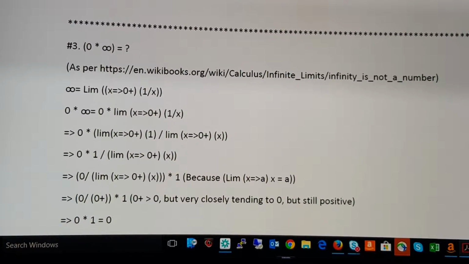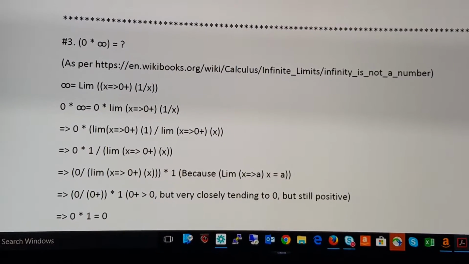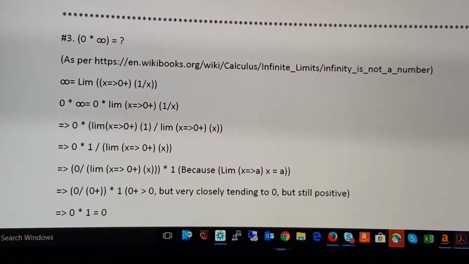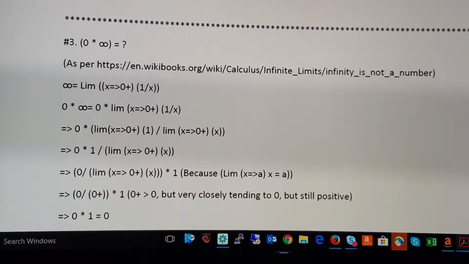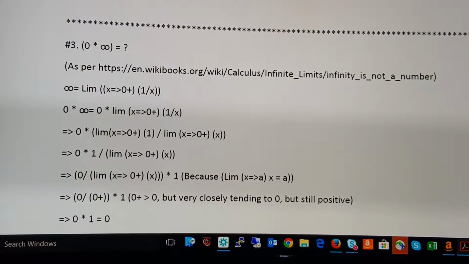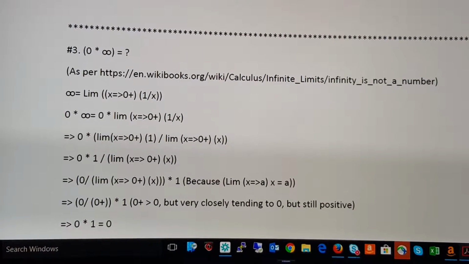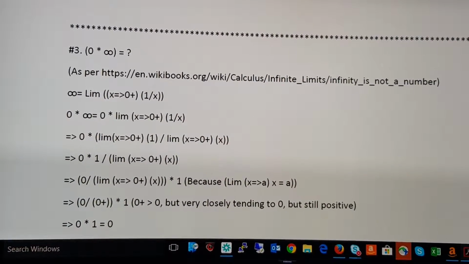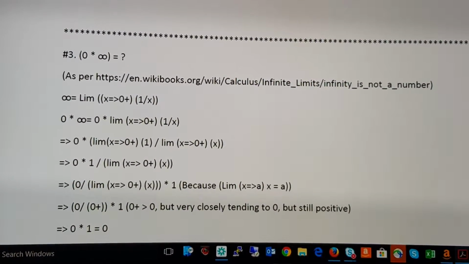So we're evaluating that expression, and it becomes 0 star the limit of 1, where x tends to 0 plus, divided by the limit of x, where x tends to 0 plus. Obviously it's a constant in the numerator, so you get 0 star 1 divided by the limit of x, x tends to 0 plus.